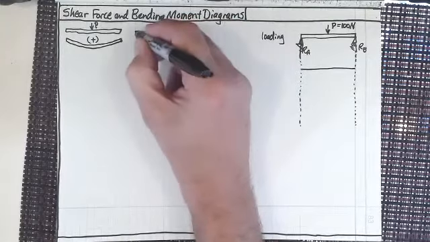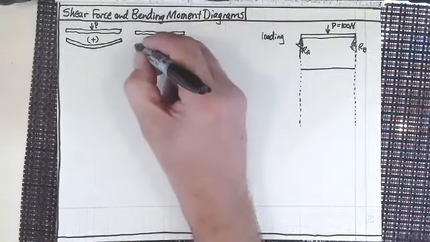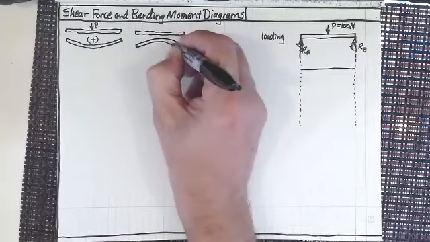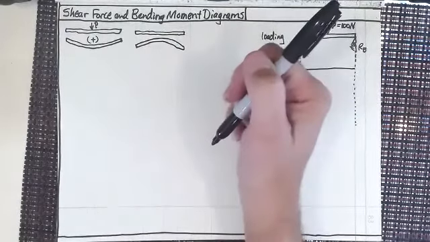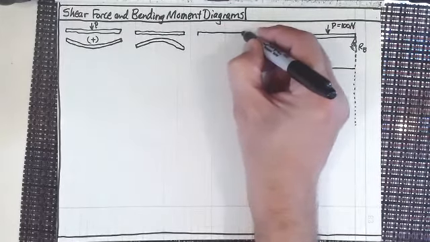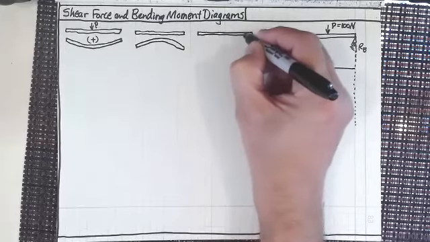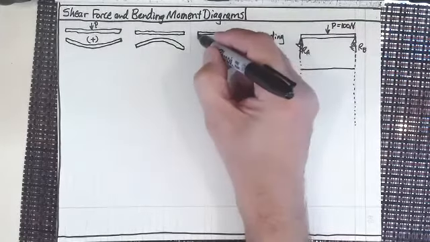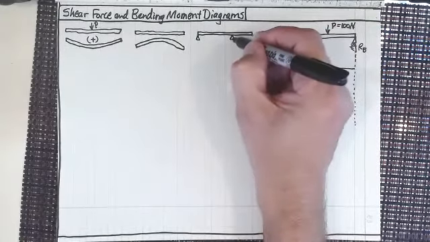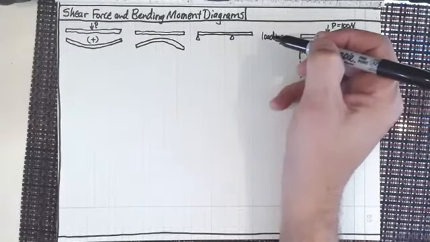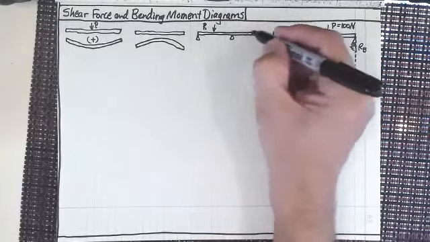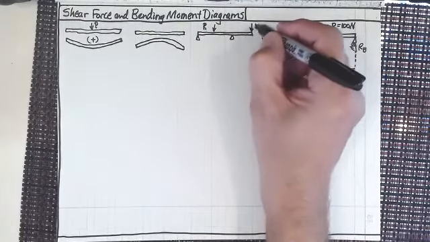Let me just draw another one. It doesn't have to be as long, really. If we were to have a beam that came up like this, you're probably saying, well, how in the world would we get a beam that came up like that? Well, I could support something like this, couldn't I? Now, this isn't a simply supported beam. This would be a complex supported beam. But what if I had it supported there, and then supported here, and I placed a force here, P1, and another force here, P2.